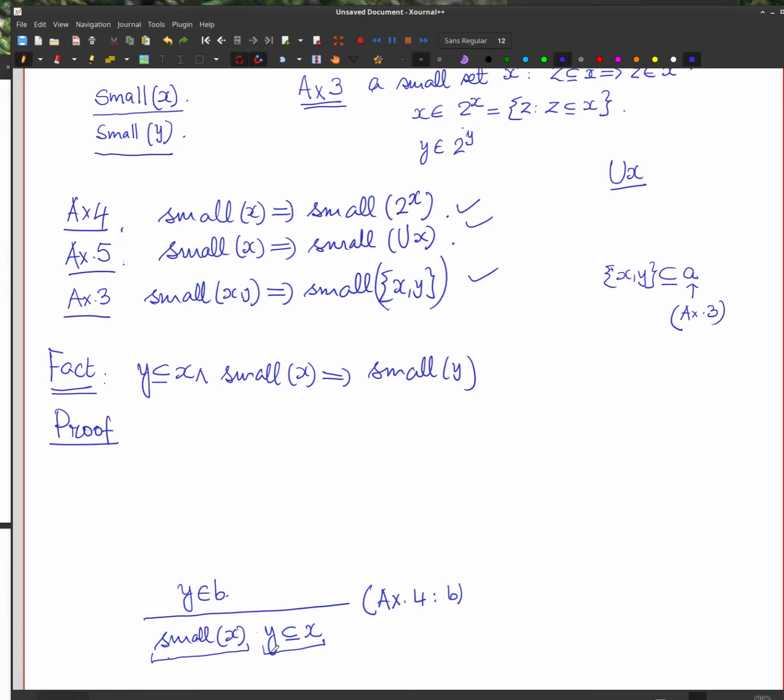So you're given y is a subset of x, x is small, then you apply axiom 4 to get this, and this therefore tells you that small y. Yeah? This is the exact, complete formal proof. So what is it saying? If I take a small set x and y a subset of x, then axiom 4 gives me a small set b such that y is a member of b and hence y is a small set. Right? Clear?